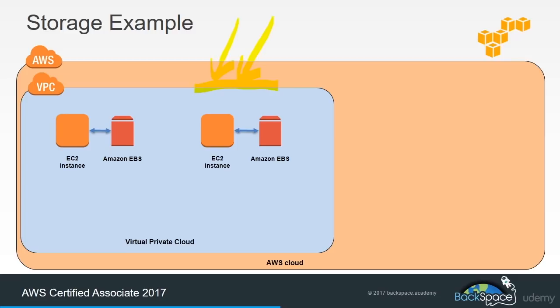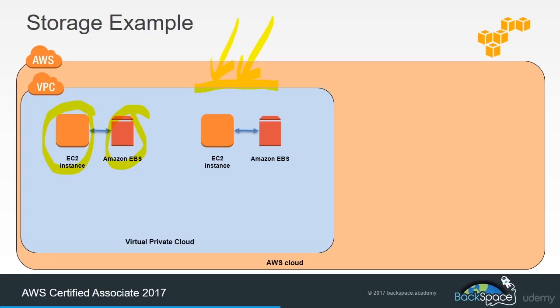Now, by default, all AWS accounts will have a VPC created, called the default VPC, in each region. Additional to that, you can create more VPCs if you would like to. So within our VPC, we can launch EC2 instances or EC2 servers, and we can attach EBS volumes to these EC2 instances.